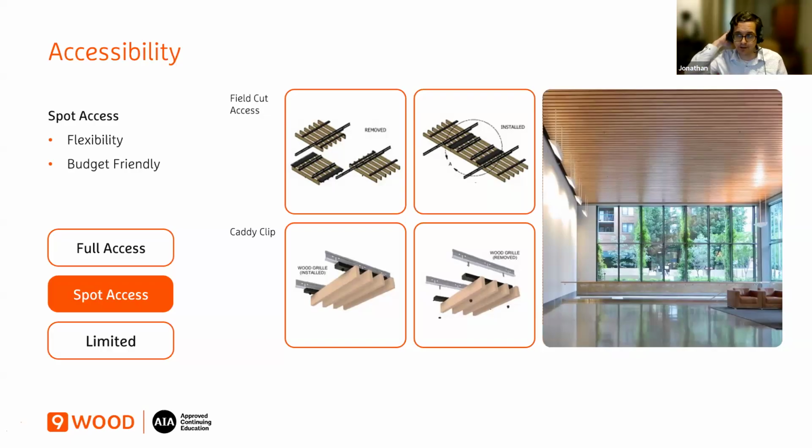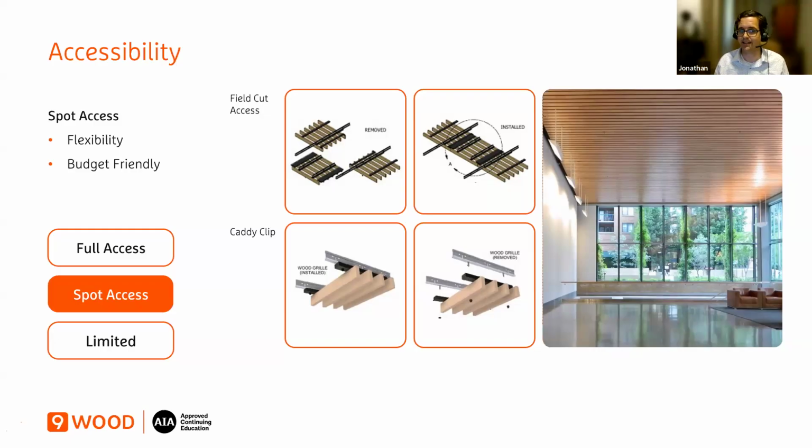And I'll add this, that the photo shows kind of the opposite, where it's not accessible. I mentioned this before. In ceiling systems that are ultimately installed like a flooring, if you ever put a flooring in your home, you start at the perimeter and you go out, you can't just pull up a plank in the middle, right? Some of those ceiling applications are installed the same way. This one does have a reveal between the planks, but it's progressively installed like a flooring, which means you can't just get access easily in the center.